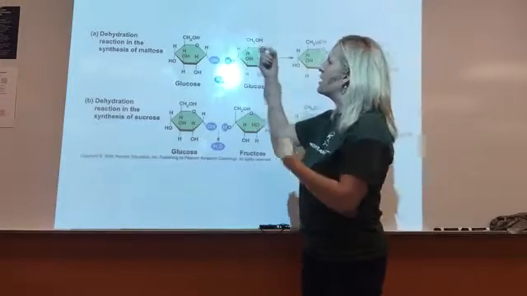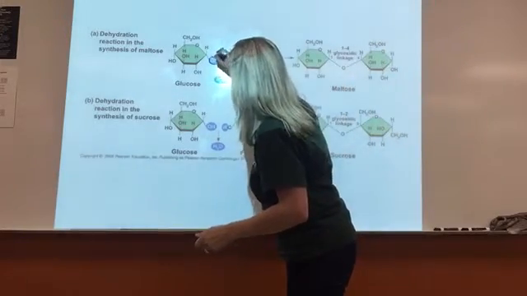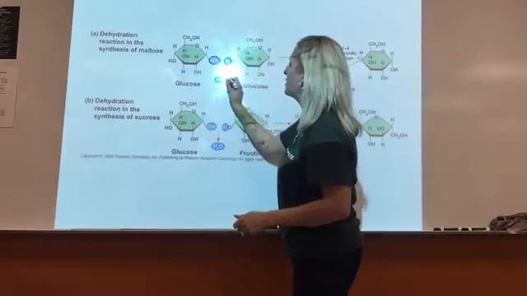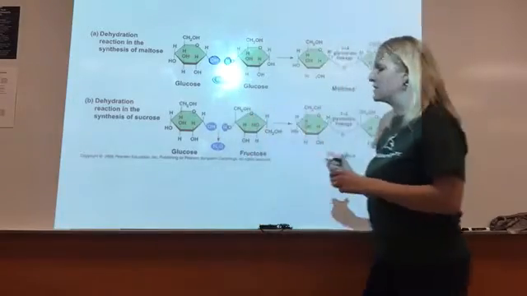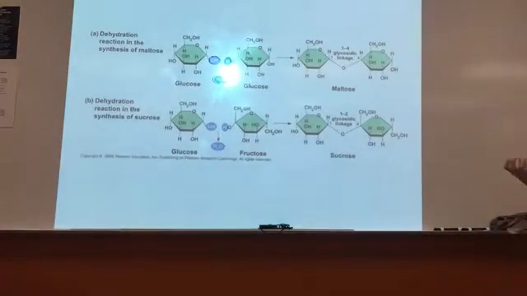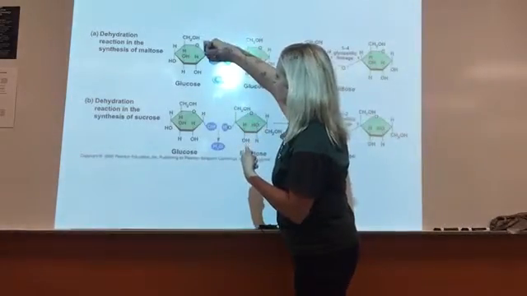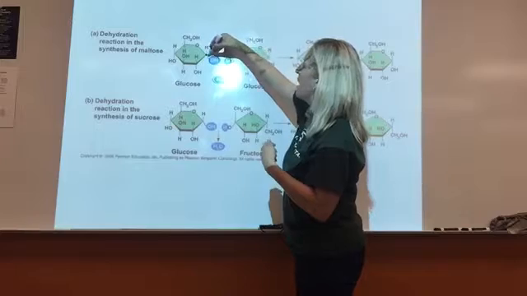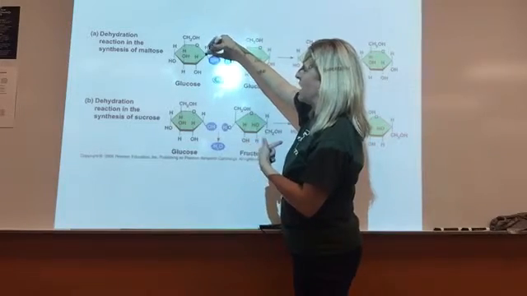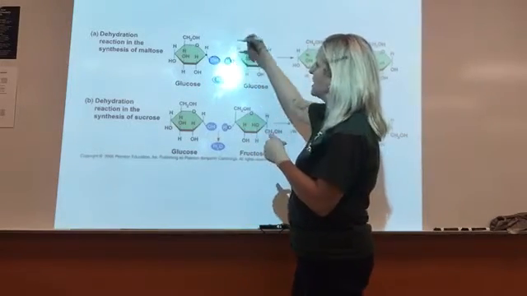When they come together, remember an OH comes off of one and an H comes off of another, and we lose a water molecule. That's the dehydration part of it, losing that water molecule. Now this oxygen and this carbon are not bonded. The carbon doesn't have its 4th bond, and this oxygen doesn't have its 2nd bond.